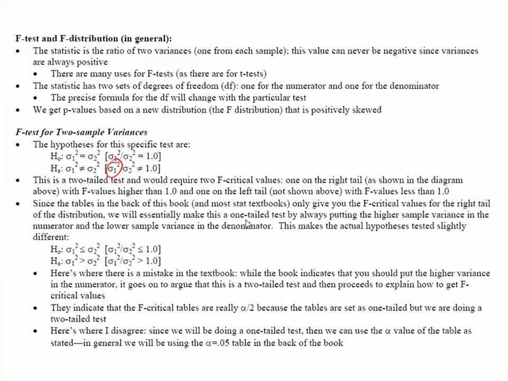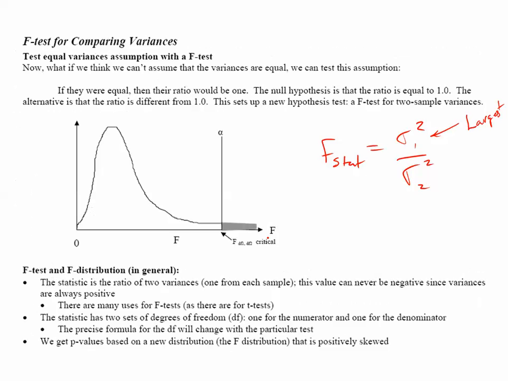What does that really mean? Looking at our distribution, here's where we really are. Somewhere out on the right-hand side, we've rejected the null hypothesis. And this is the hypothesis for the F statistic. So we'd really say that the variance of the first is not equal to the variance of the second.